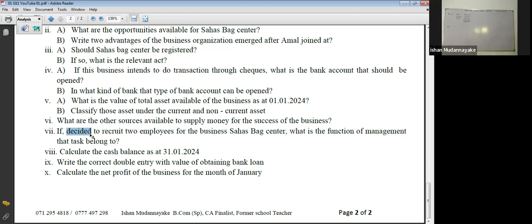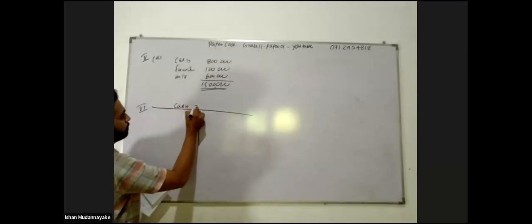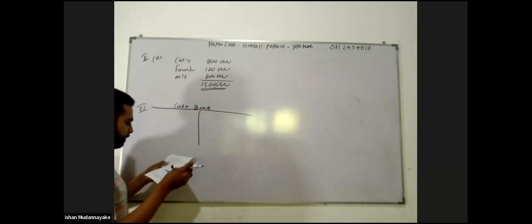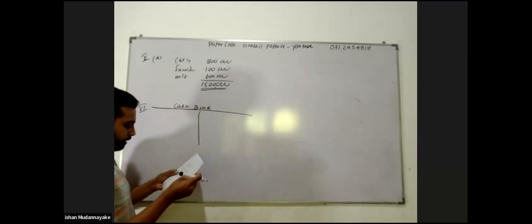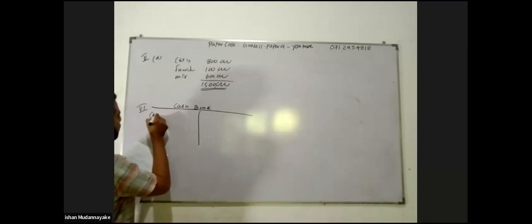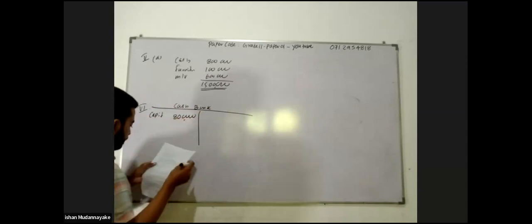Problem number 8. Calculate the cash balance. To calculate the cash balance, you can draw a T format cash book. Sahas invested capital 800,000. Draw a small cash book.